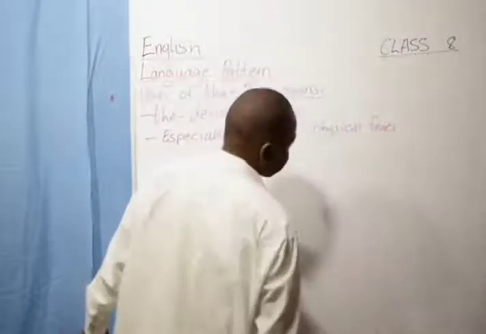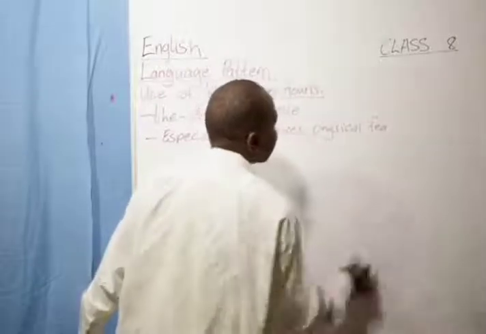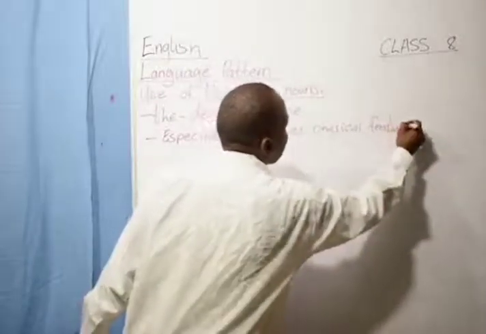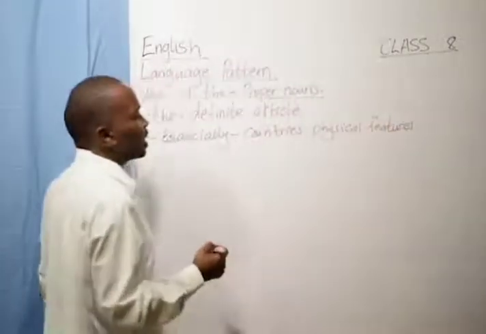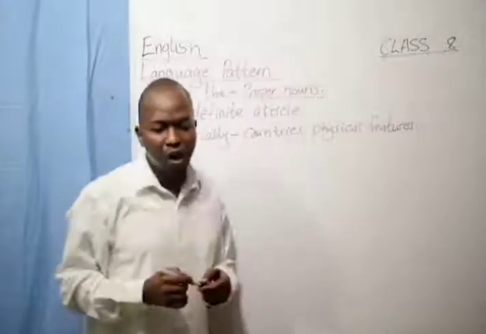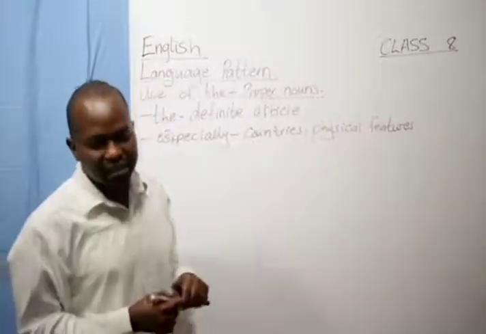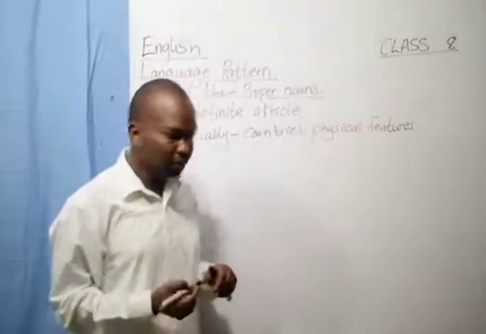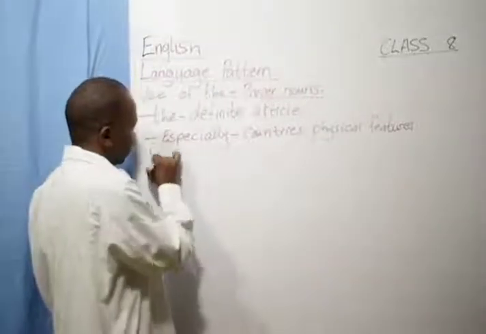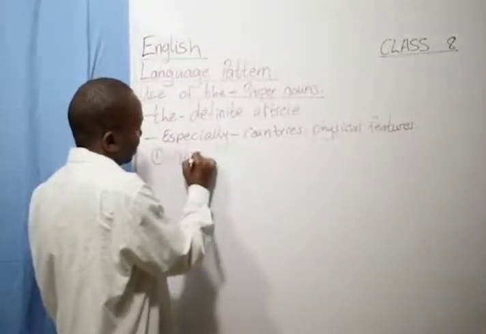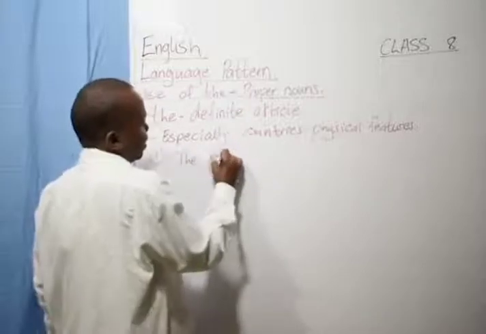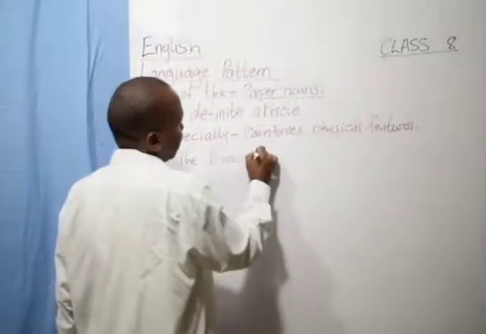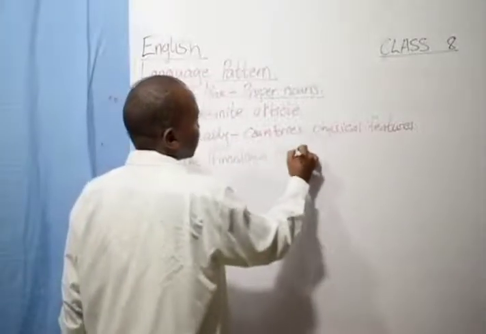We have the article "the" coming before certain names of countries or physical features. For example, we will say the Himalaya mountains.